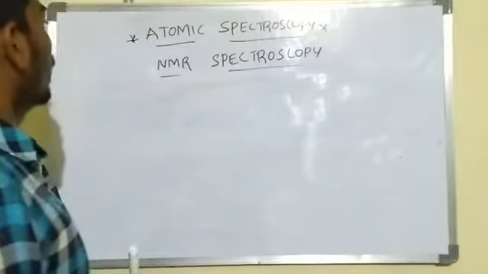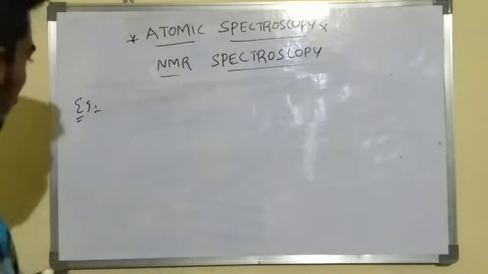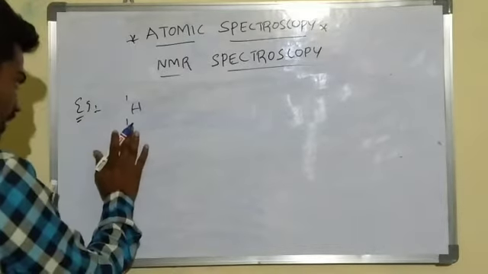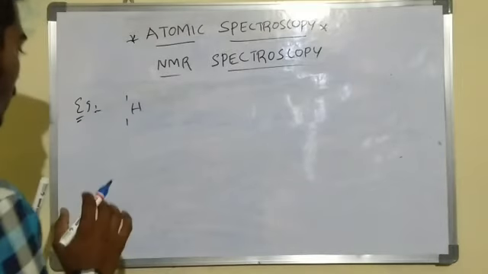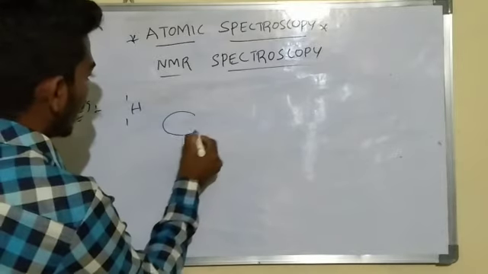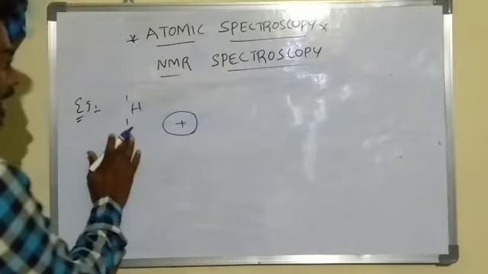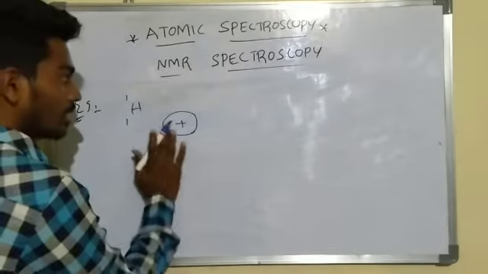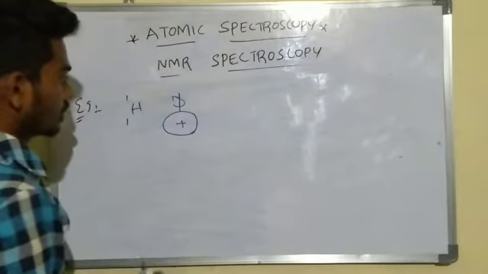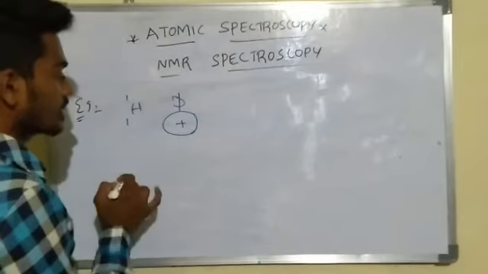For example, a hydrogen atom has one proton. Here the nucleus has a positive charge. Hydrogen has a nucleus, this nucleus has a positive charge and it spins on its own axis.